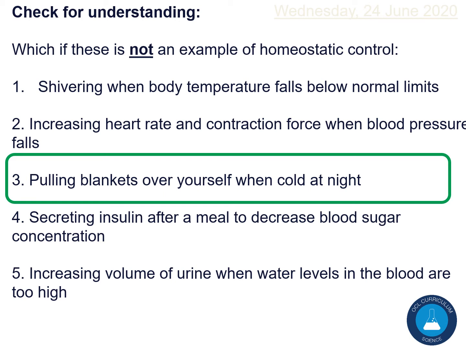All of the others are involuntary or automatic. You are not consciously trying to shiver or increase your heart rate or secrete insulin or increase the volume of urine. These are things that you are not consciously thinking about, whereas pulling blankets over yourself, you are.